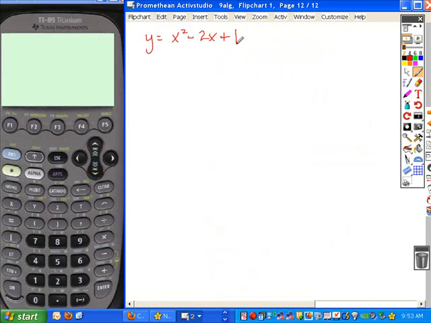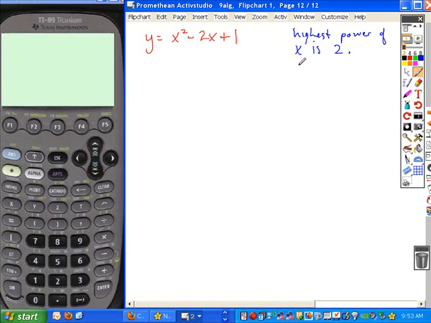A quadratic equation, or this parabola, is identified because the highest power of x is going to be a 2. And that's what designates it as a quadratic function or equation. If the highest power of x is 2, you have a quadratic.